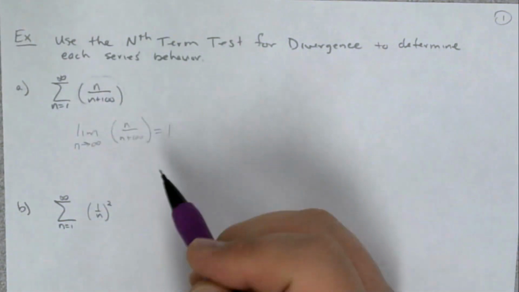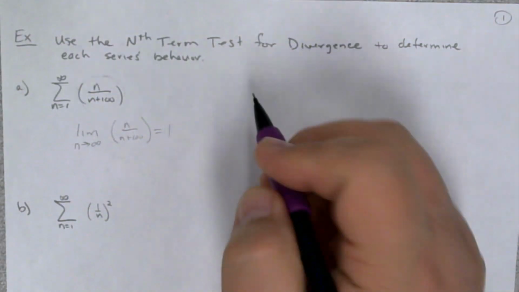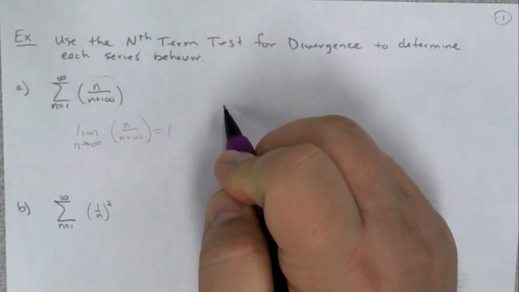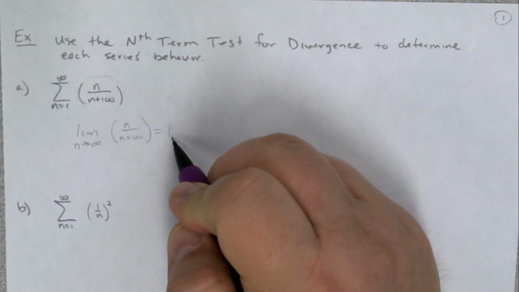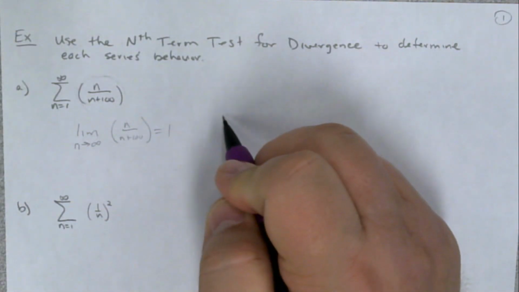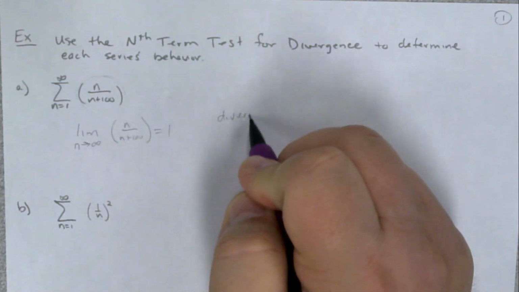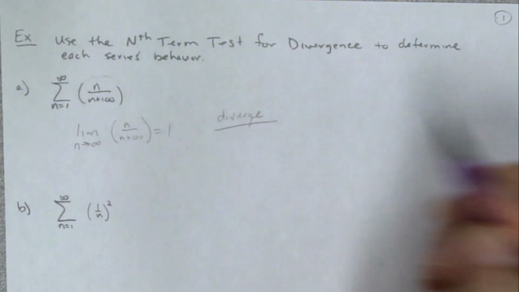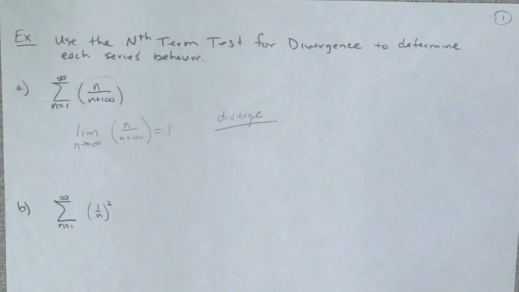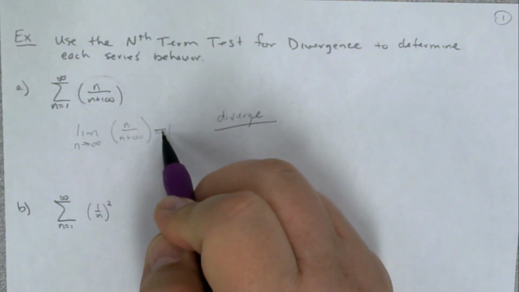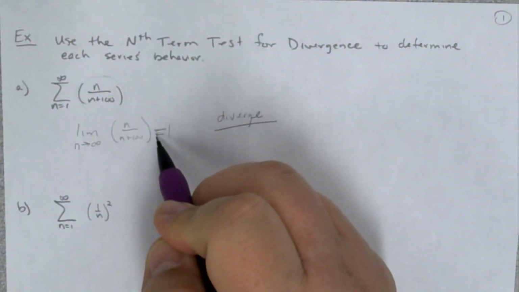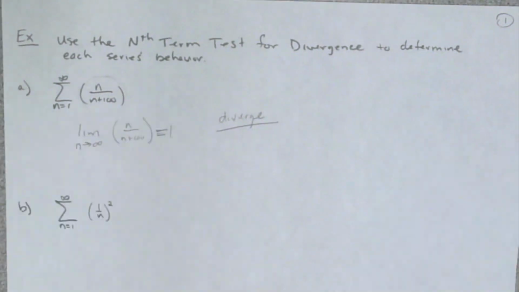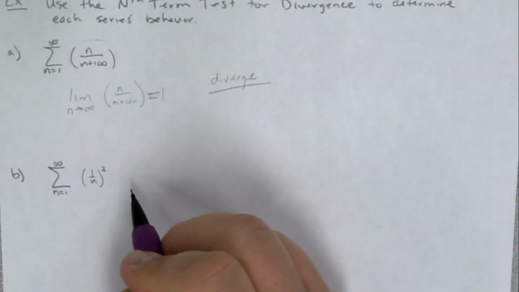So based off of that, I know because the limit is not 0, this series will diverge. This limit had to be not equal to 0. If it's not equal to 0, then the series diverges. That's what I know.